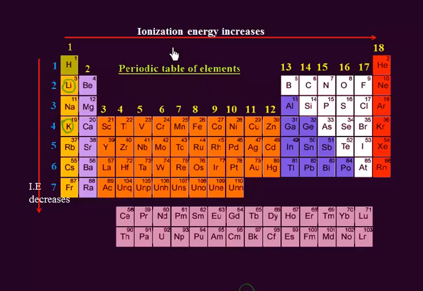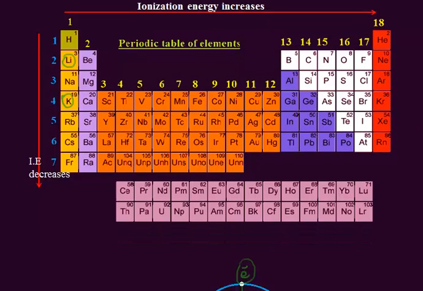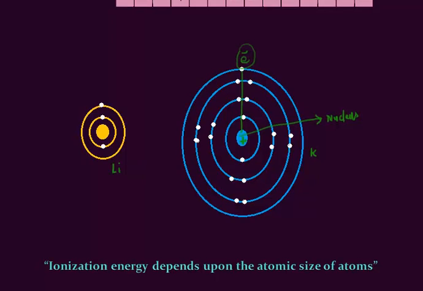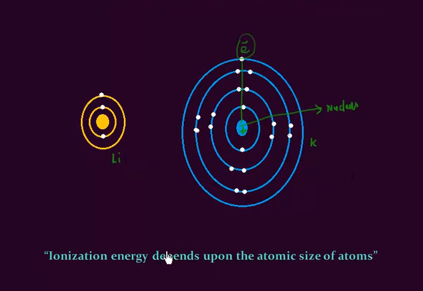Well, in overall discussion, we can come to the conclusion that ionization energy depends upon the atomic size of the atoms. It means that when the atomic size of atoms increases, ionization energy decreases, and when the atomic size of atoms decreases, ionization energy of atoms increases.